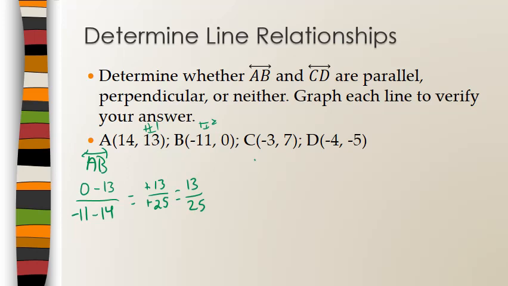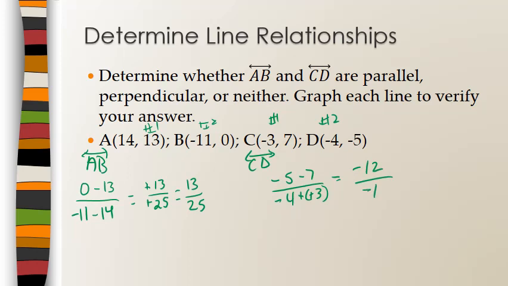All right, let's try line CD. Again, these will be my number 1s and these will be my number 2s. Let's find the slope. I got -5 minus 7 over -4 minus -3, or plus 3. So -5 minus 7 is -12 over -4 plus 3 is -1.